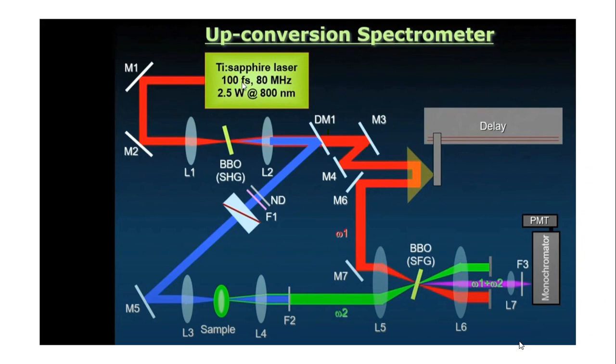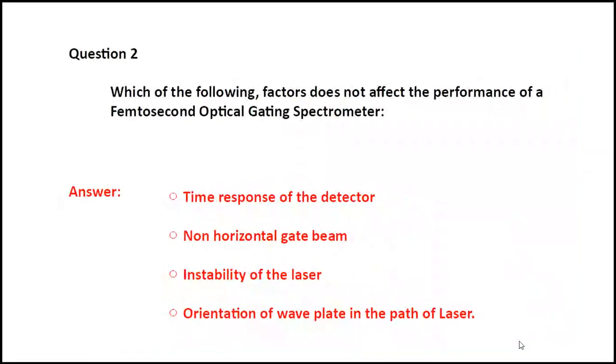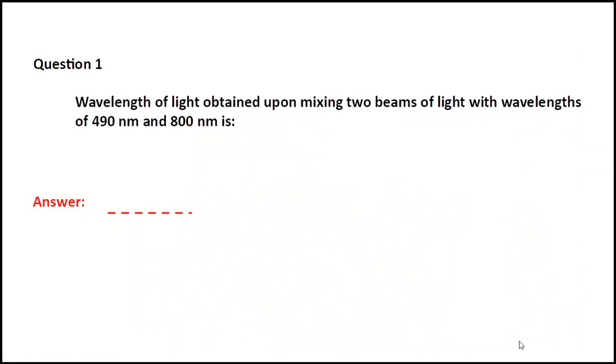Later on we'll be discussing the whole instrumentation, the setup, what we need to take care of while doing the experiment, the different parts of the instrument and their functions. So we'll start with this question.